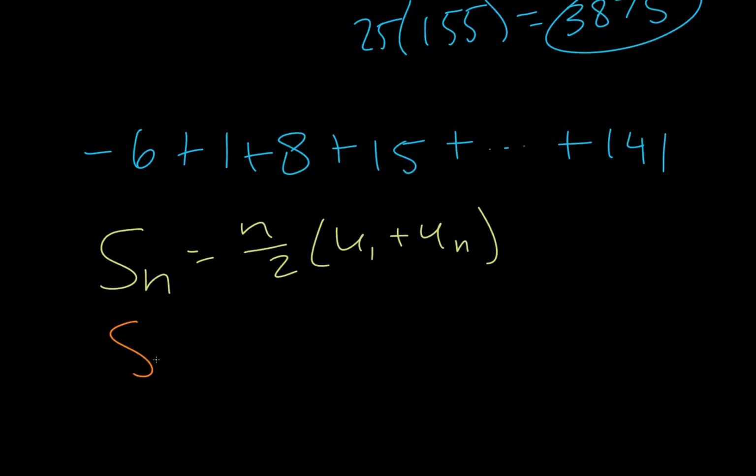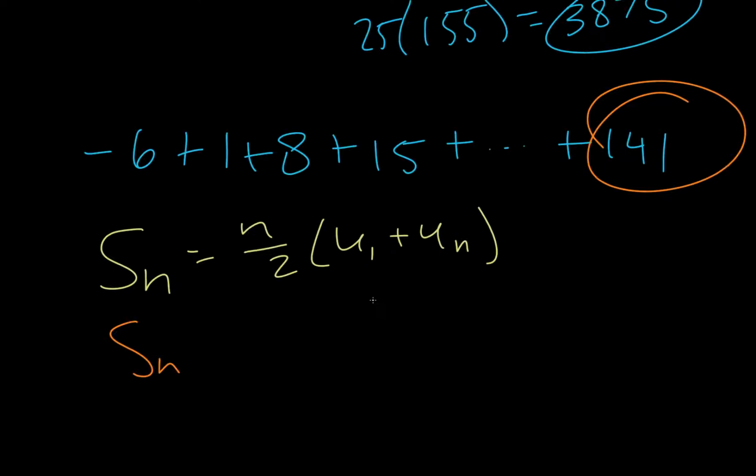So we're going to just find S sub n. But we need to find n. So we're also going to try to figure out what n is using something we learned in a previous video, which I'll just write out.